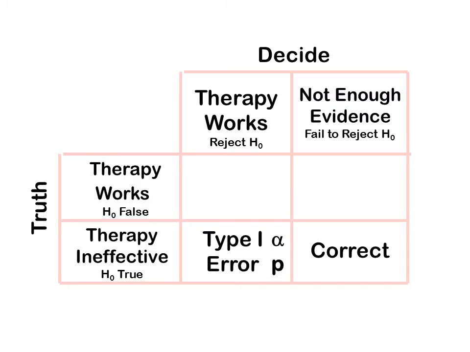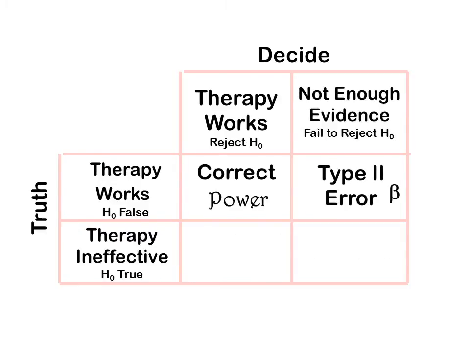Let's look at the other case, if the truth is that the therapy works. Well, if in fact the therapy works, that is, if the H0 truly is false, and we fail to reject the H0 and determine that there's not enough evidence, then we've made a type 2 error.